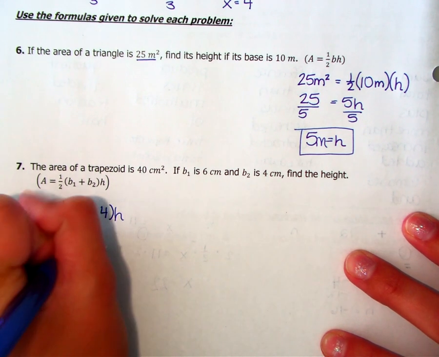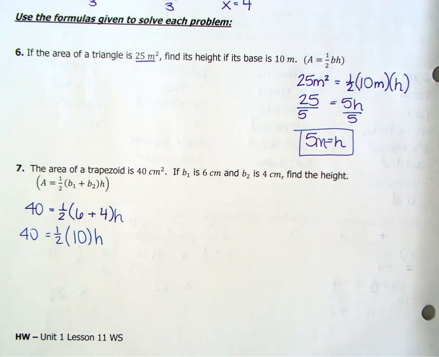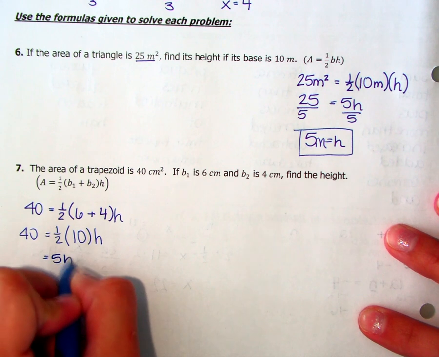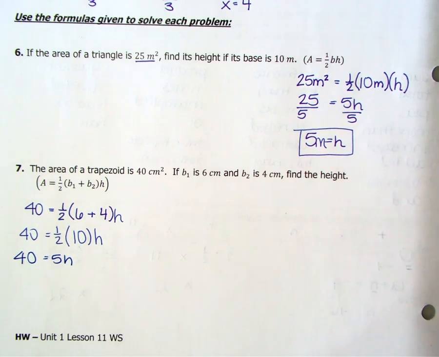We can also get rid of it simply by simplifying the right side. 6 plus 4 is 10. What is half of 10? 5. You've got lots of options. Remember, you can do anything you want as long as you do it to both sides. That's the key, is do it to both sides. Might be crazy, but at least it will be balanced and equal. 40 equals 5h.